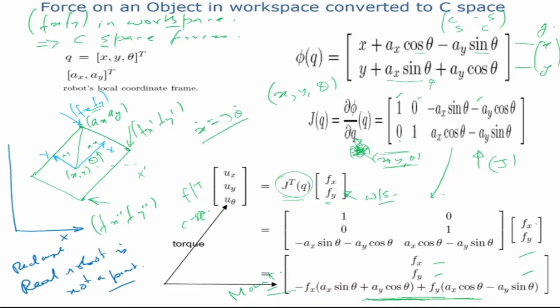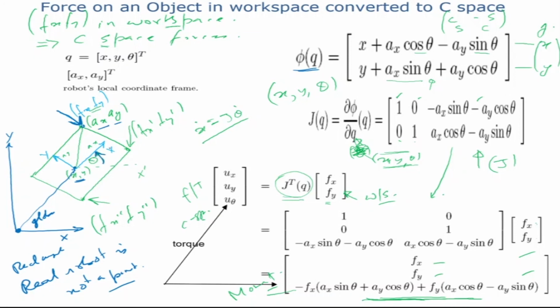Okay, so this is my x-axis, that's my y-axis. Now if I take this, then I have my center point, coordinates x, y. Now suppose, as per potential field method, there is a force acting at that point, which is fx, fy, and the coordinate of that point is ax, ay. Then with reference to the global frame, what is the coordinate of the point? phi is given by, and the rotation of this robot is theta.